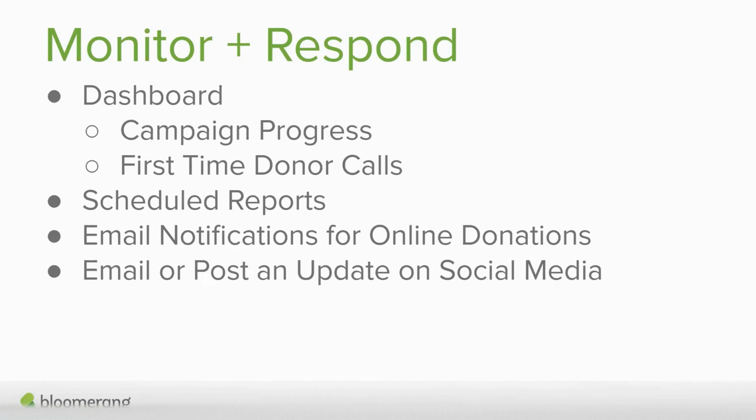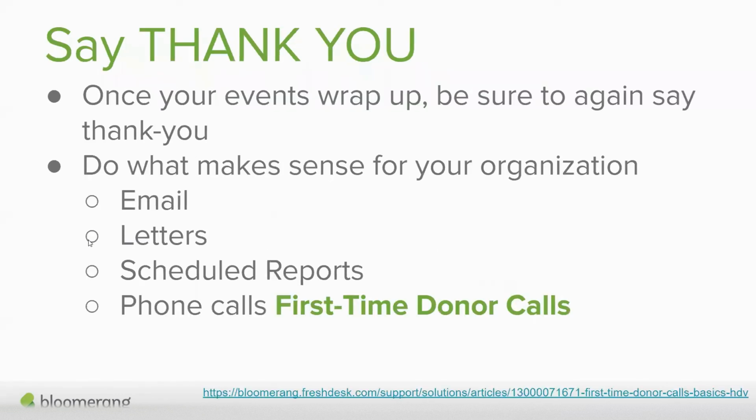It's going to get sent to you or whoever you would like whenever it's scheduled. You can also set your email notifications for online donations. If you have a specific GivingTuesday form, who needs to be notified as donations are coming in? And of course, you want to do your emails, your posts on social media as well.